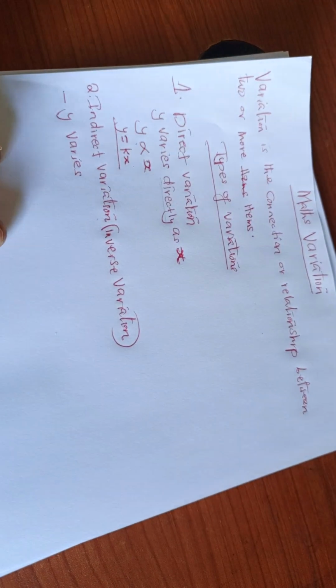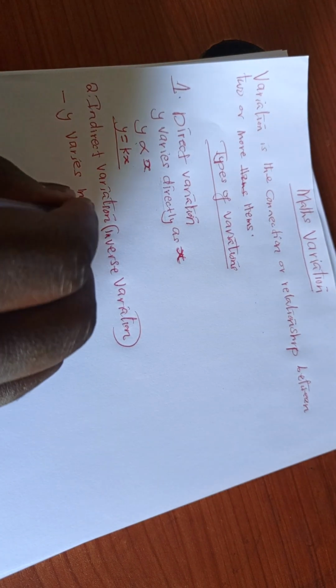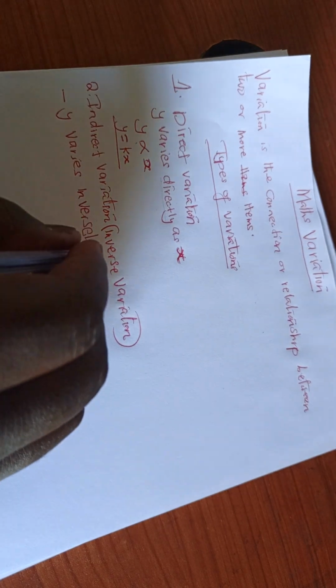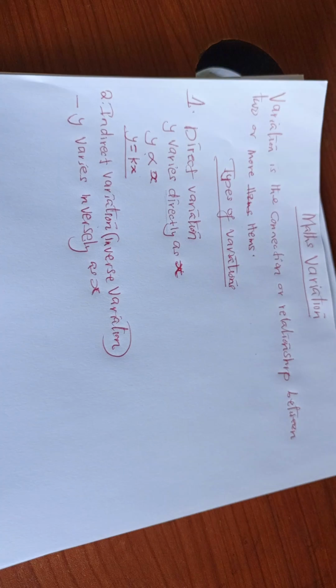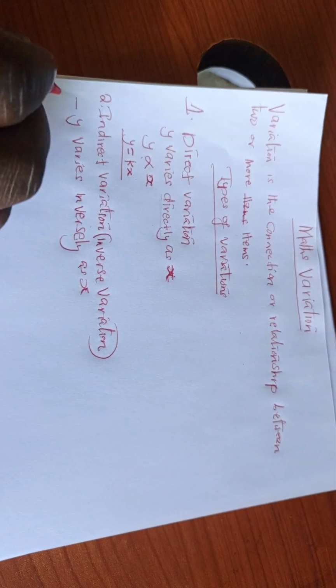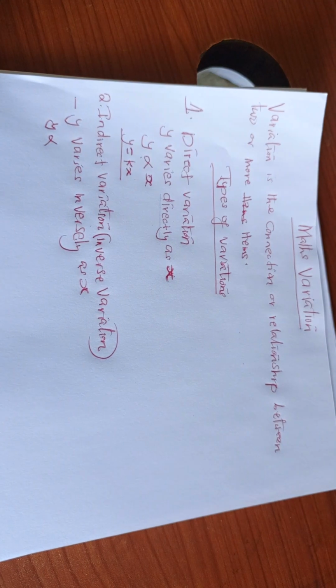For example, we have y varies inversely as x. Then we're going to say y varies inversely as x.